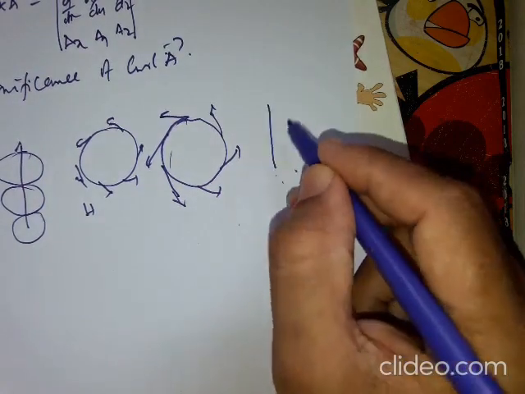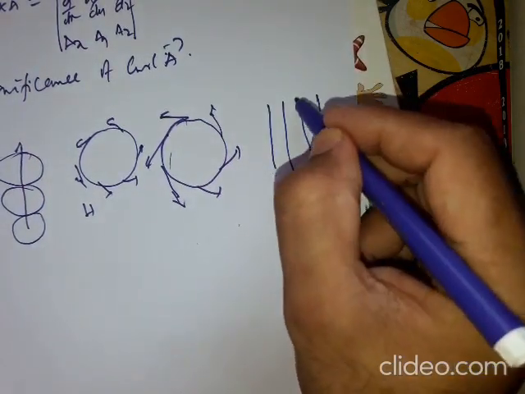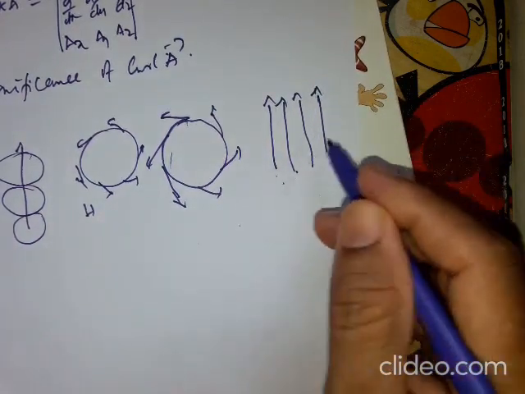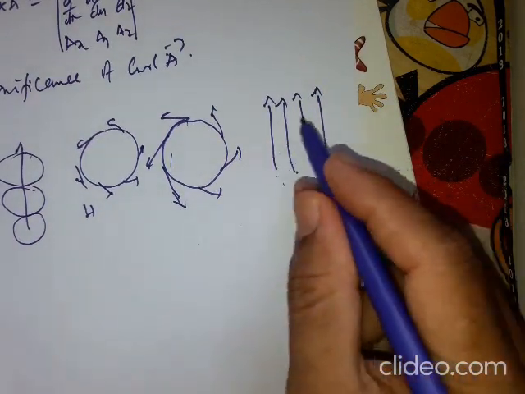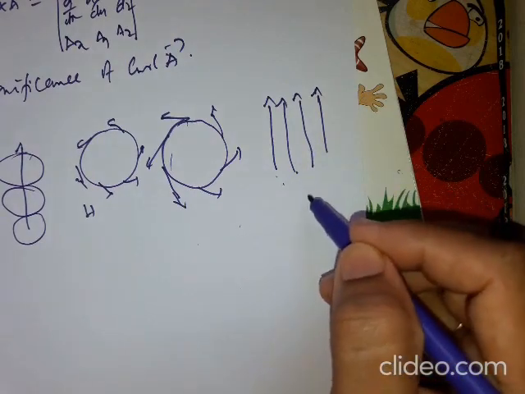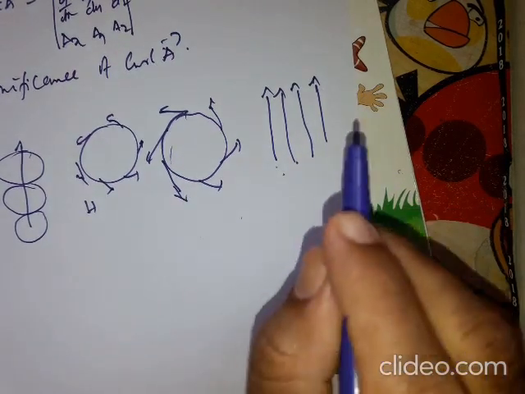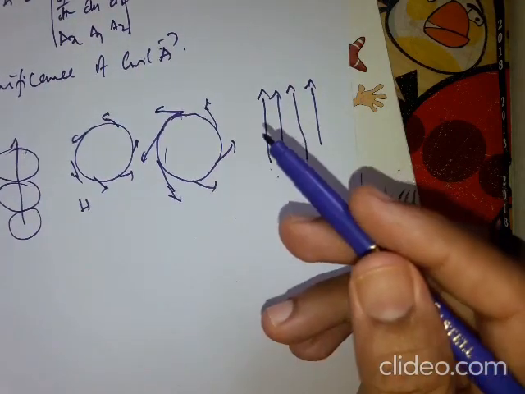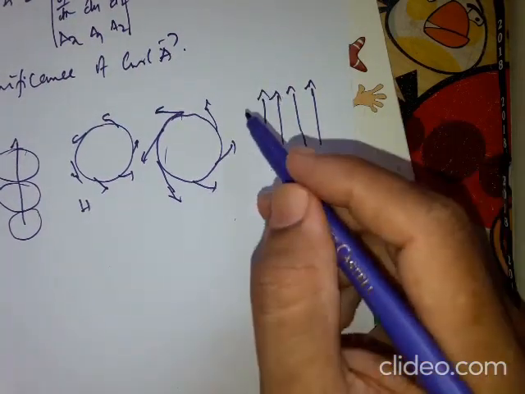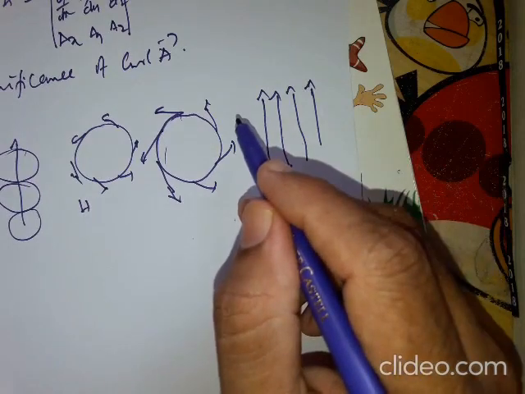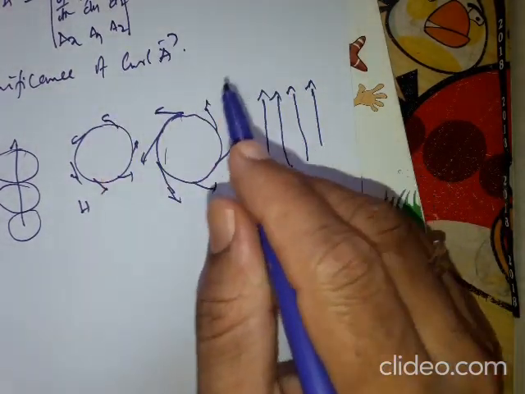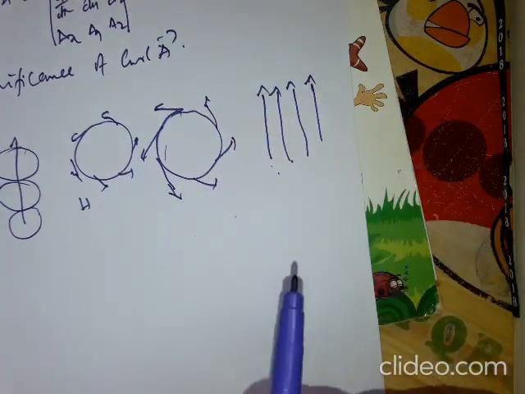And if you imagine a field which is parallel, there is no curl at all, that means the curl of such a vector field is equal to 0. So the significance is how much the vector field curls. That is given by this particular curl of the vector A.